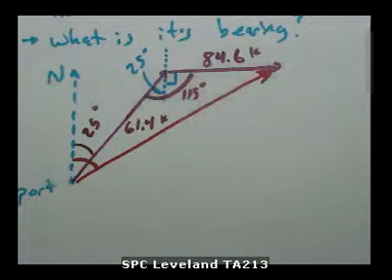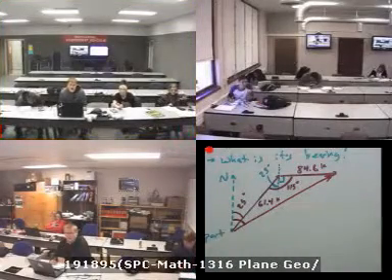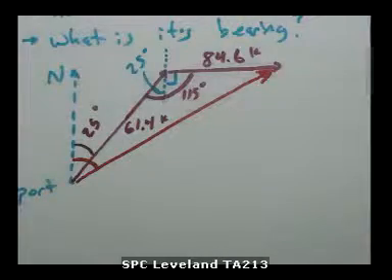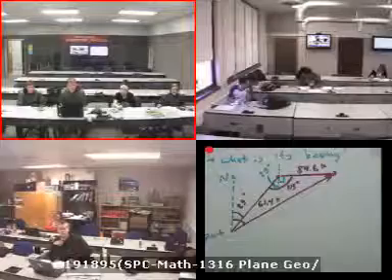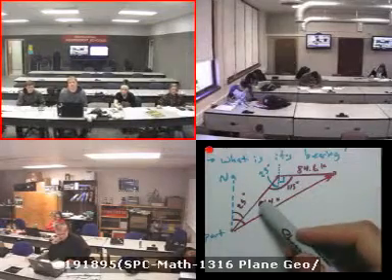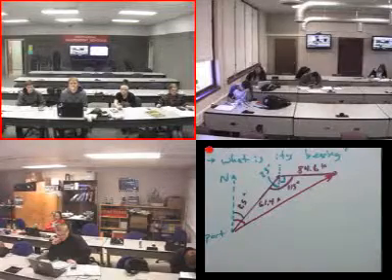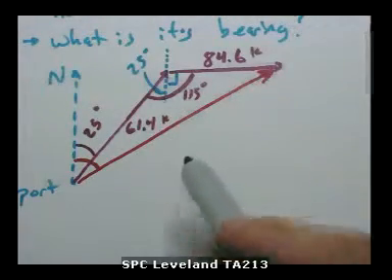Okay, so now look at the triangle very carefully. What are we going to use to find our new bearing? Law of sines. Why law of sines? You have the angle 61.4 with the opposite side of 84.6, and you can use your angle 115 to find your bearing, or your new line.